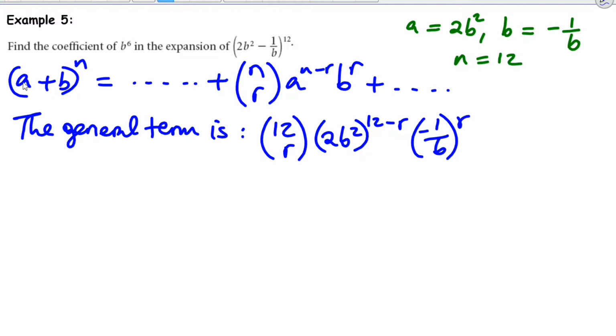Okay, so we are trying to find the coefficient of b to power 6, which means the combined powers of b are 6. So basically we need the term in b to power 6.